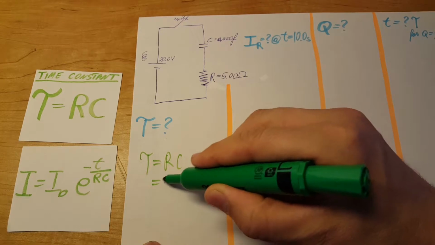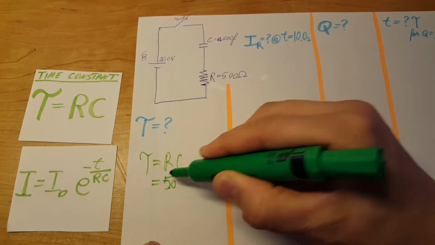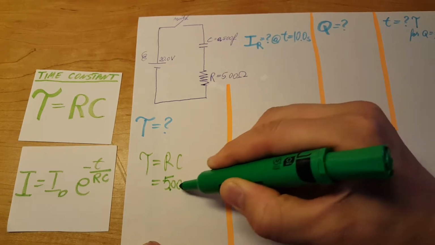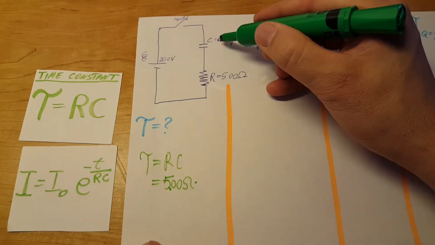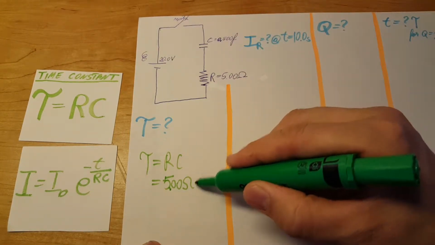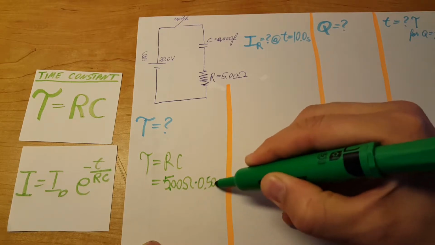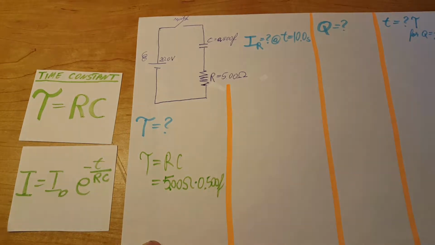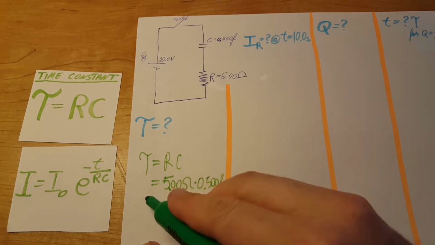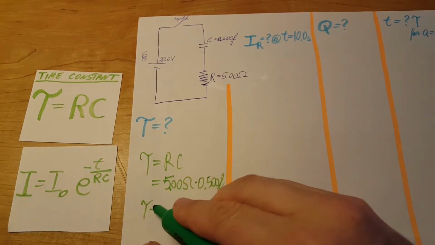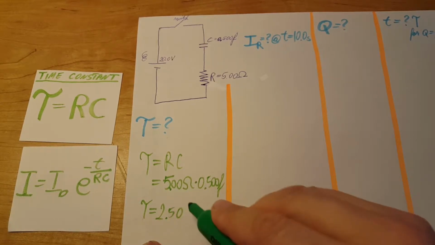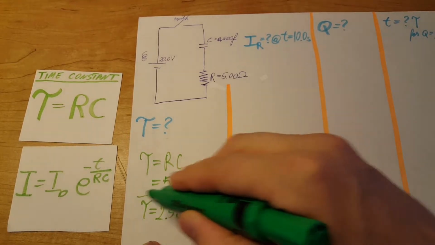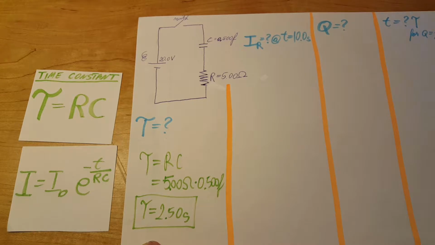R is 5.00 ohms times the C, it's right here, 0.500 farads, and this will give us tau equals 2.50 seconds. There you go, the first part, that's it.